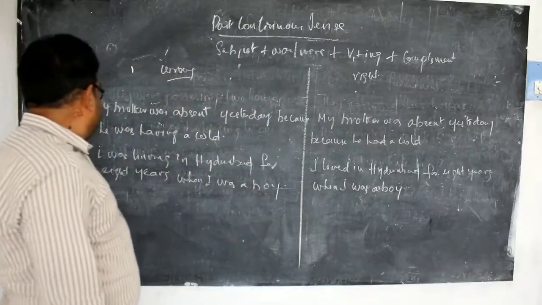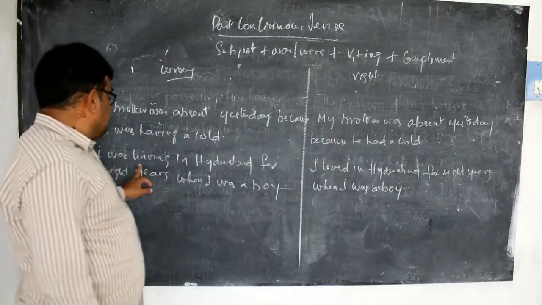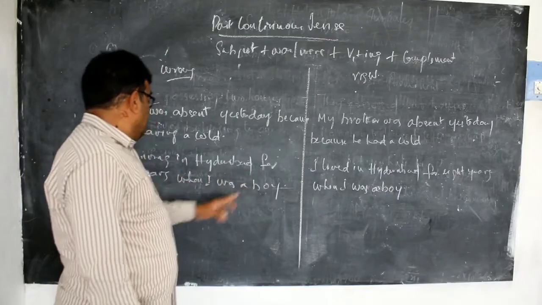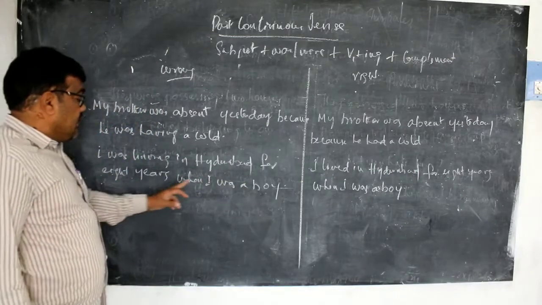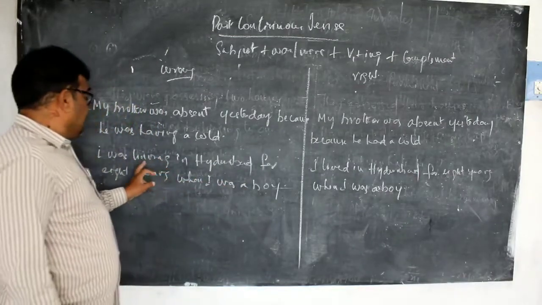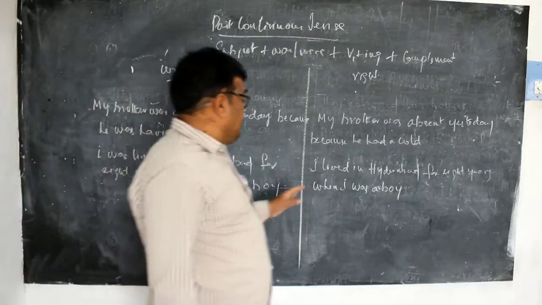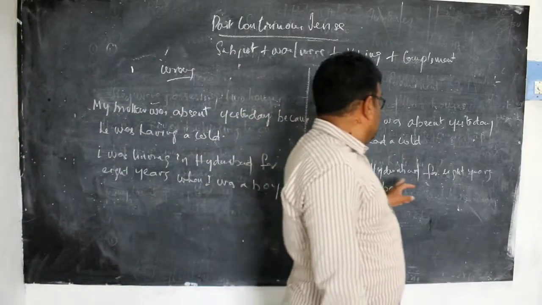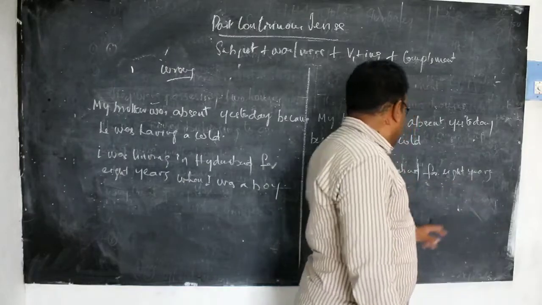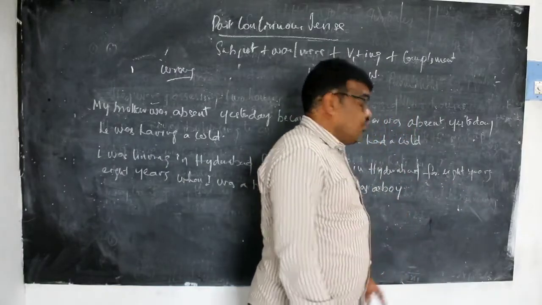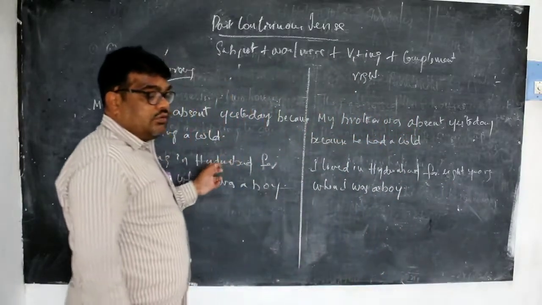Another example: I was living in Hyderabad for 8 years when I was a boy. Living, better to use in simple past: I lived in Hyderabad for 8 years when I was a boy. Write down.